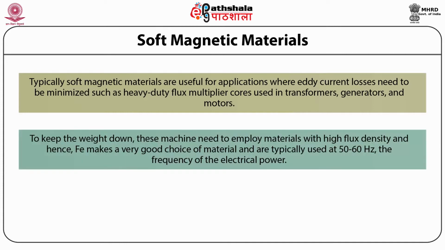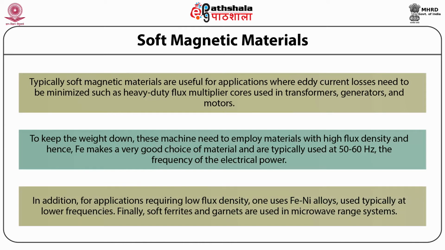To keep the weight down, these machines need to employ materials with high flux density, and hence iron makes a very good choice of material and is typically used at 50 to 60 Hz, the frequency of the electric power.